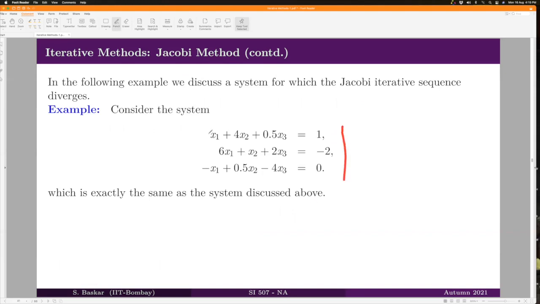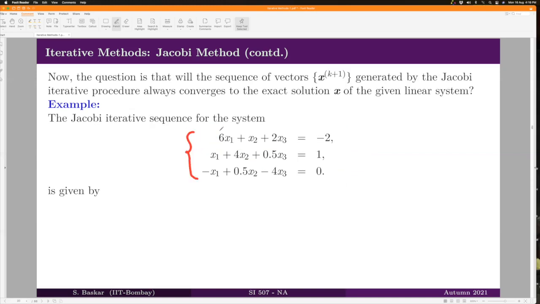If you recall, this system is exactly the same as the previous system. The only thing is, in the previous system, this was in the first position and this equation was in the second position. You can go back and see that 6x1 plus x2 plus 2x3 equal to -2 is now the first equation, whereas x1 plus 4x2 plus 0.5x3 equal to 1 is the second equation.